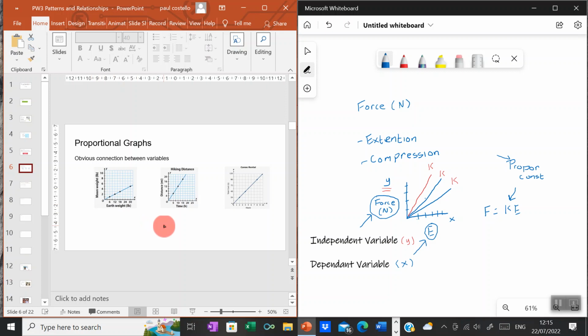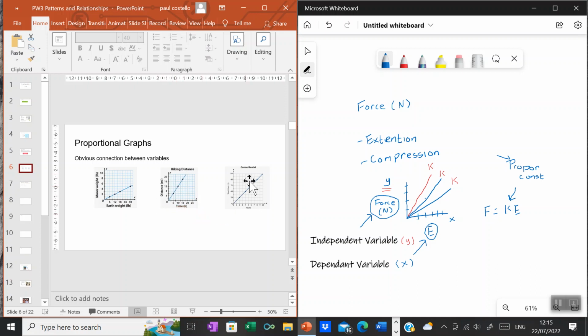Another one is hiking distance. The amount of time you spend hiking is proportional to the distance that you're going to cover. Again, if you plot these two against each other, you'll get this nice straight line.